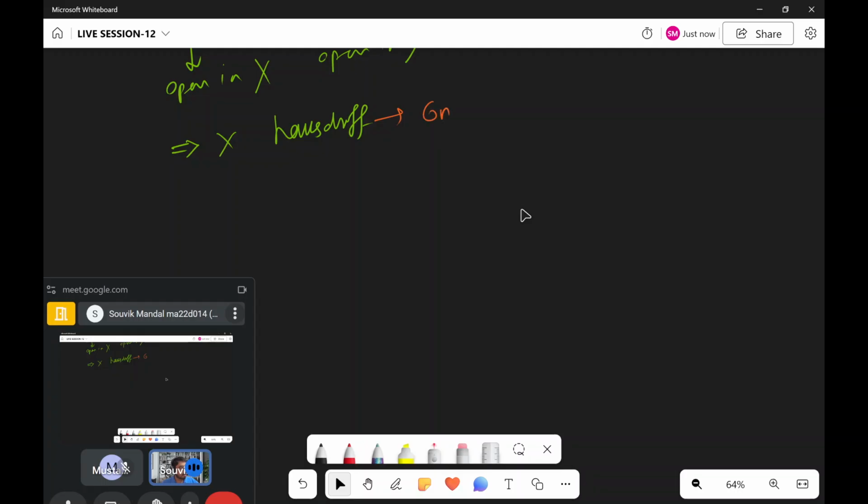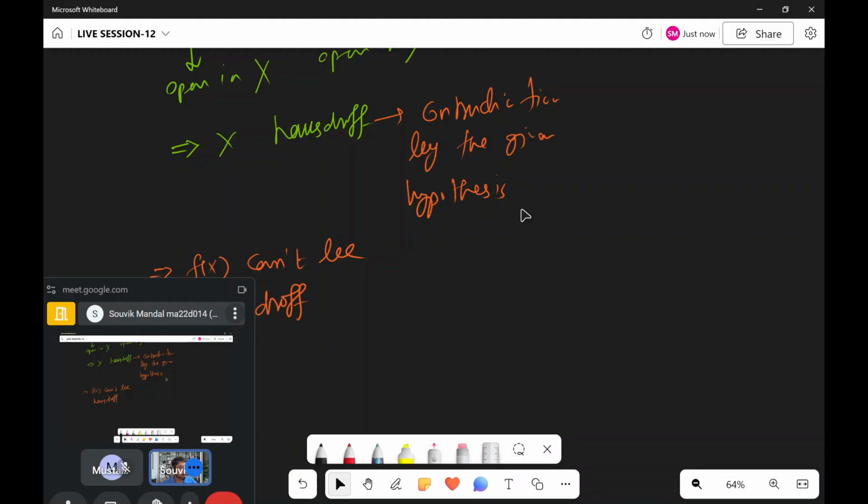But this is a contradiction by the given hypothesis. So this implies f(X) cannot be Hausdorff. So that's why this is done.